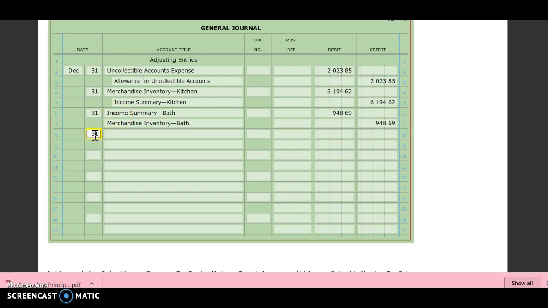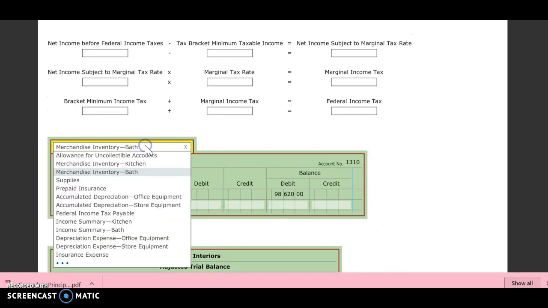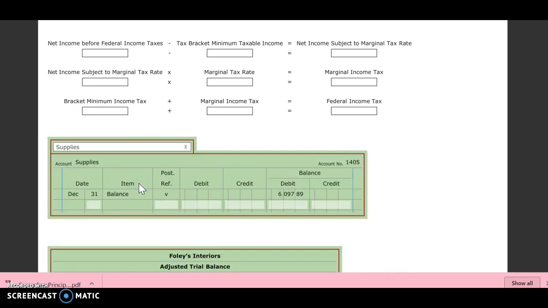Okay, next one. Now we're going to look at our supplies. Our balance in supplies is the 6,000, and it tells us what we have on hand is 1,950. Again, we're going to find the difference. We need this supplies account to be brought down to 1950.